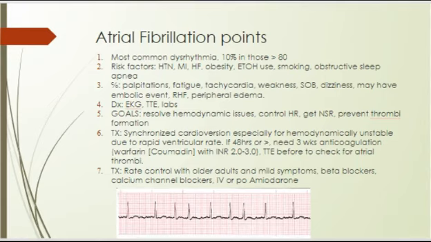And if you convert somebody to normal sinus rhythm without doing either the echo or the treatment with Coumadin to make sure that the clots haven't built up, you have the risk of causing the showering of clots. So you want to really be aware that one of the biggest problems with AFib is embolic events.